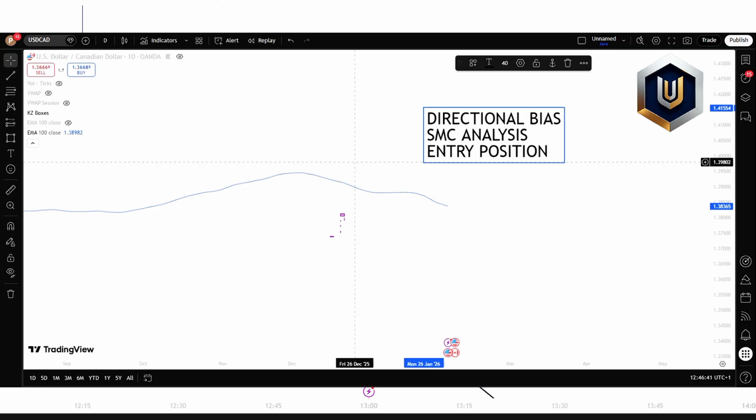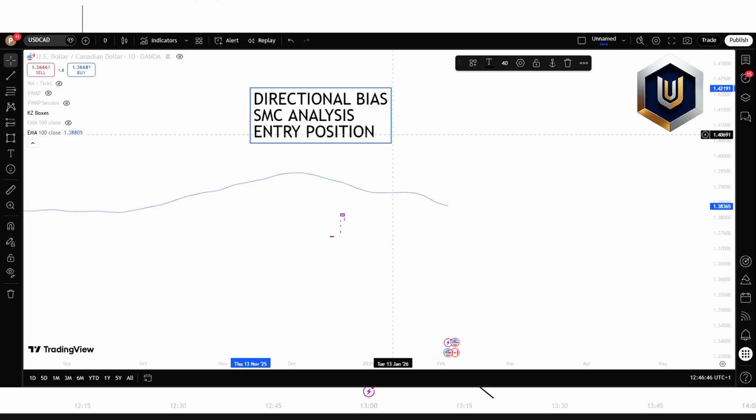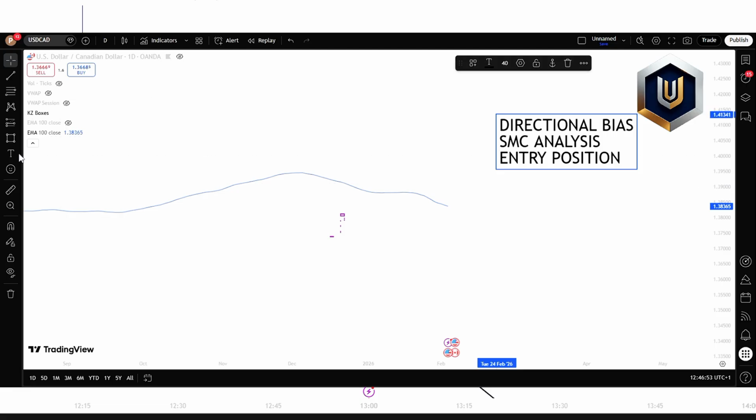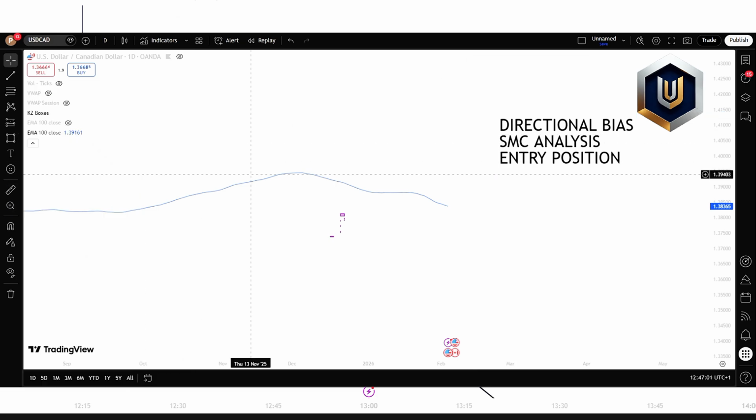Now, when we talk about directional bias, take for example, we are having a day. Let me just get to the chart so you see it for yourself. Now, this is our daily chart, as you can see right here.